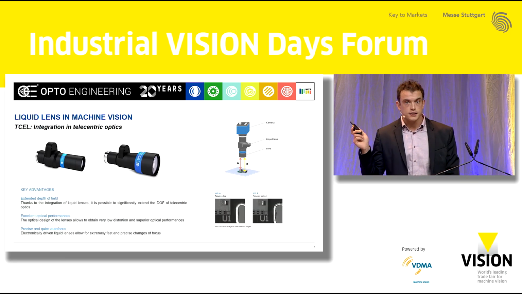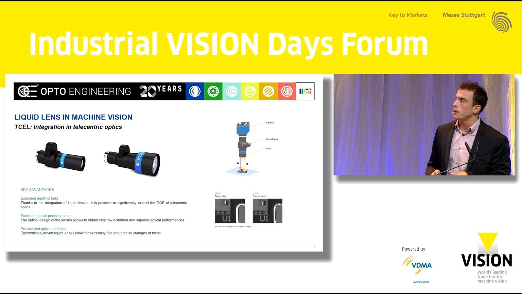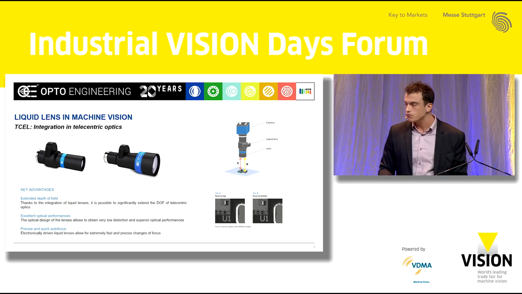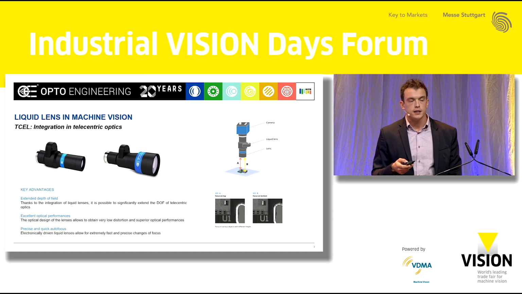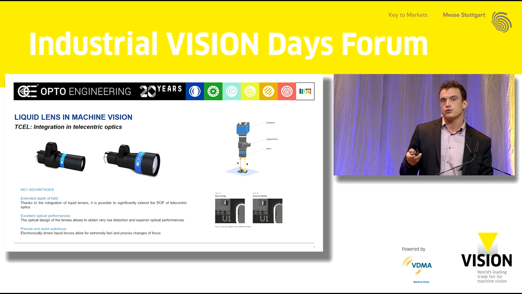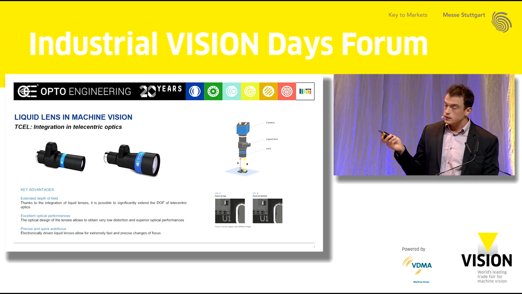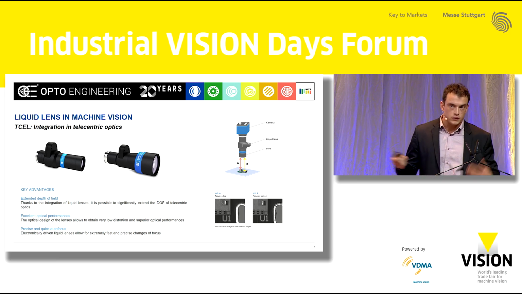But as I said before, now let's have a look at some practical examples of applications in machine vision. Opto Engineering started, as I said, as a company manufacturing optics, and so we started integrating liquid lenses in many of our lenses.